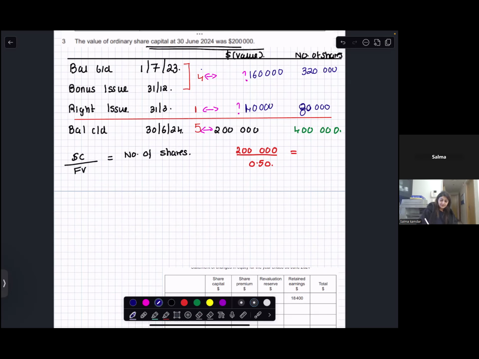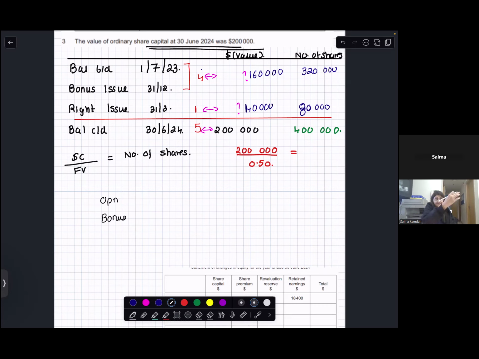Okay, fine. Do I have the opening balance? No. Do I have the bonus? No. But I know that after adding my opening balance and the bonus, I would get how much? Okay.